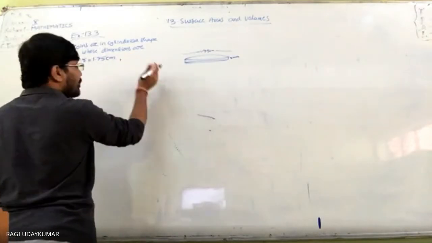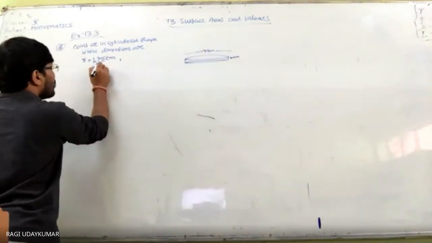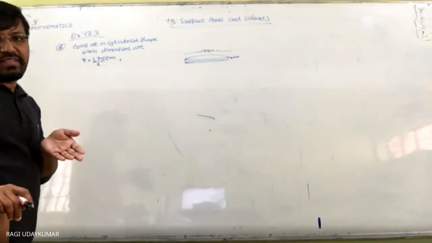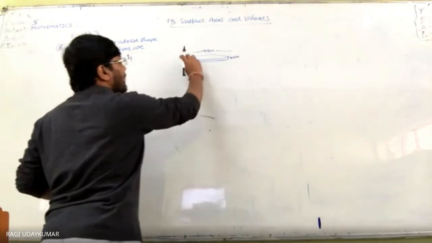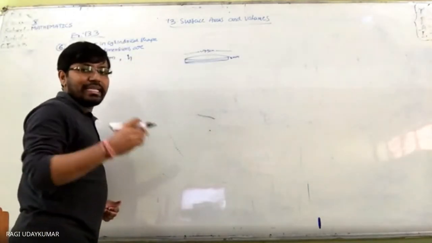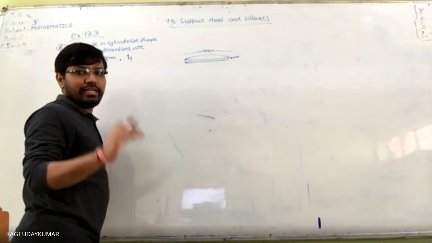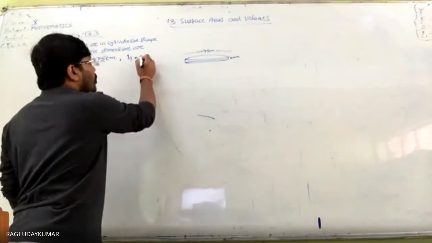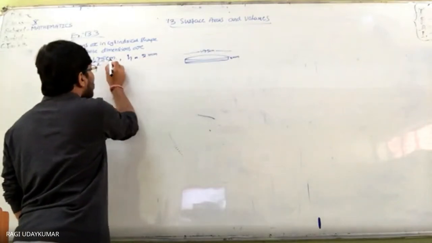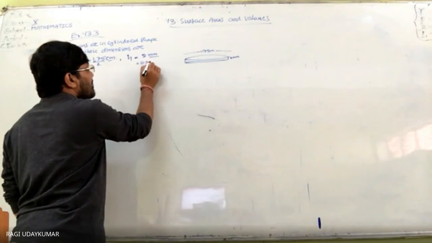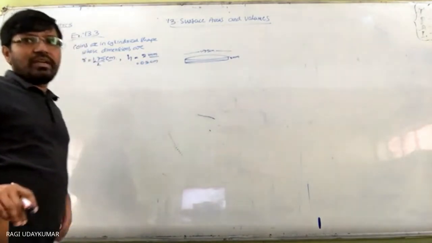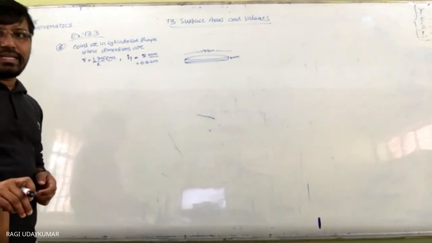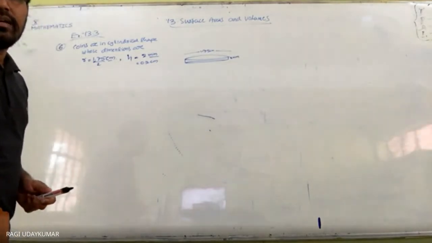And the height of the cylinder should be taken as the thickness: h is equal to 2 millimeters, but we need centimeters, so this will be expressed as 0.2 centimeters.